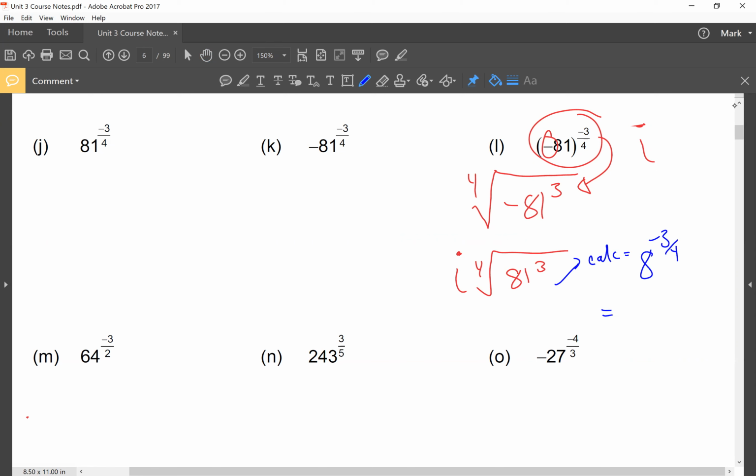Oops, and this should be negative as well. So on my calculator, I'm just going to enter 8, and I'm going to raise it to the power of a fraction. So I'm going to say -3/4.